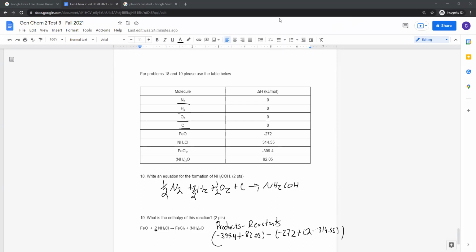Let me just double check my math here. Negative 901 plus 901. Okay, so I got delta H is 583.75 kilojoules.